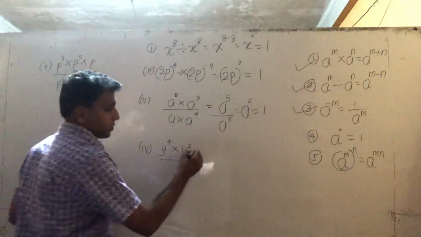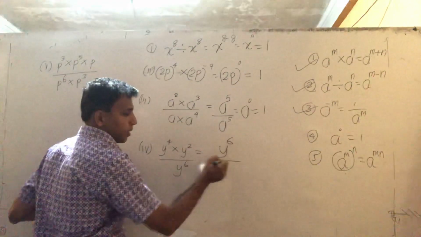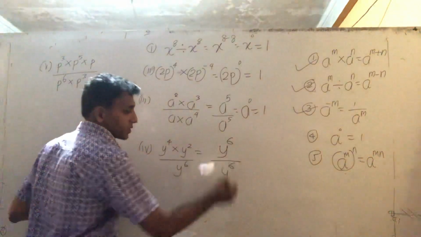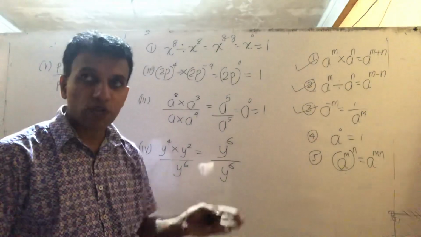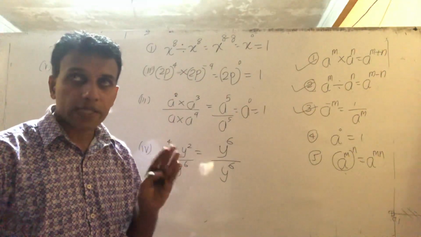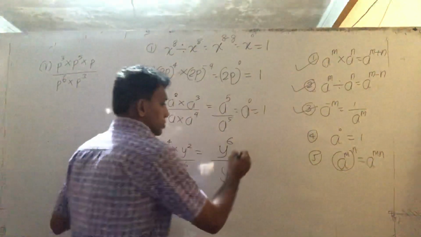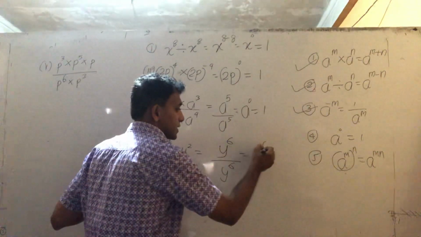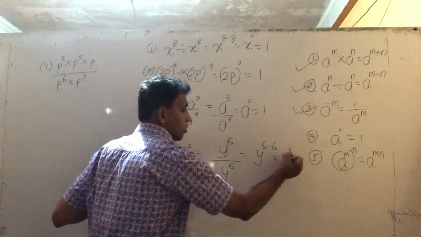The same here, y to the power 4 into 6 below y to the power 6. Now again use rule number 2 of indices, the division rule. Only when bases are the same are the rules applicable. Subtract the powers. So it is y to the power 6 minus 6, that is power 0 over 1.